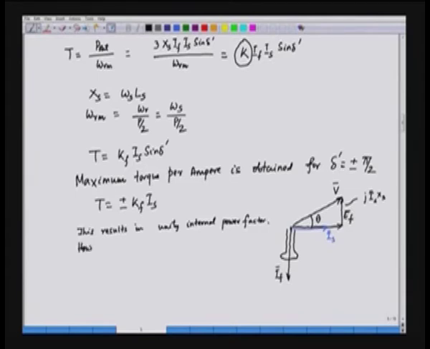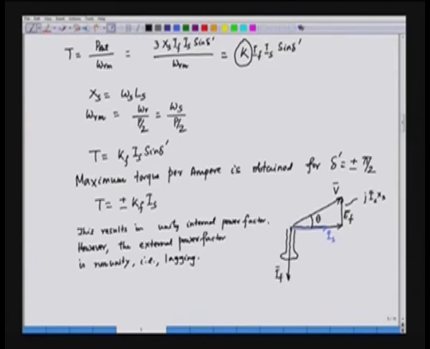However, the external power factor is non-unity, that is lagging. Now, this is for the motoring operation.